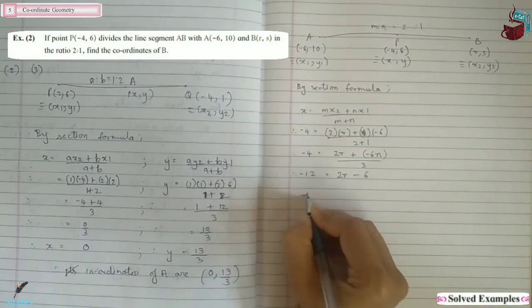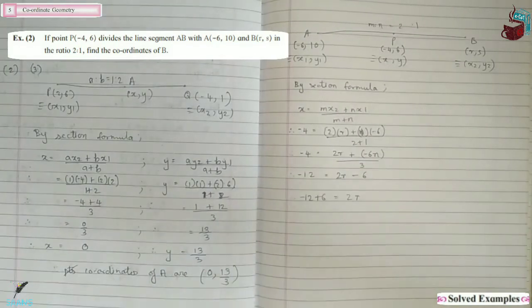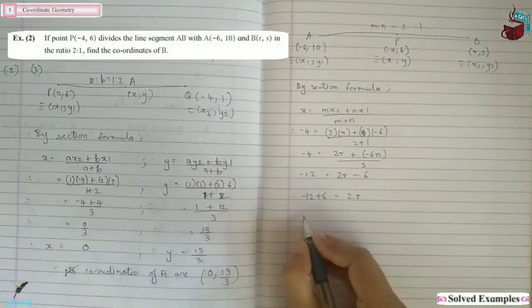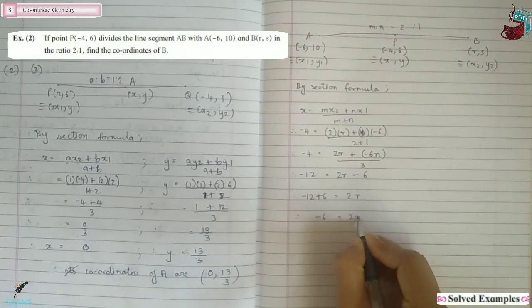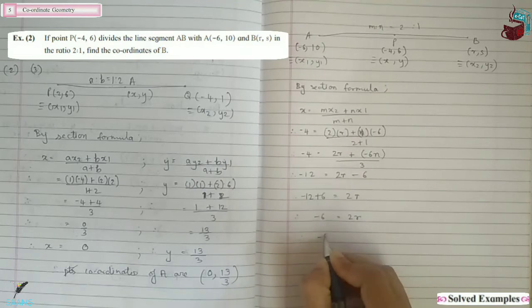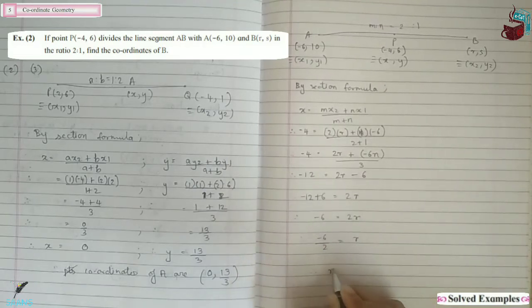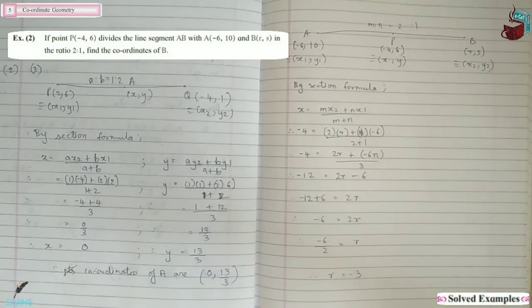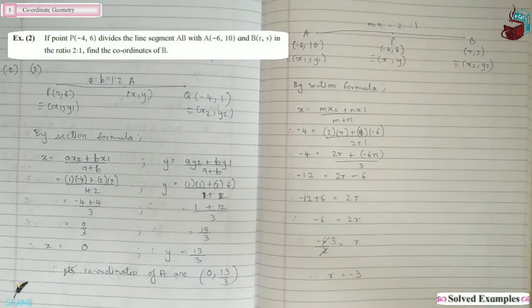Therefore -12 + 6 = 2r. That is -6 = 2r. Therefore -6/2 = r. Therefore r = -3. So this is how you got your r.